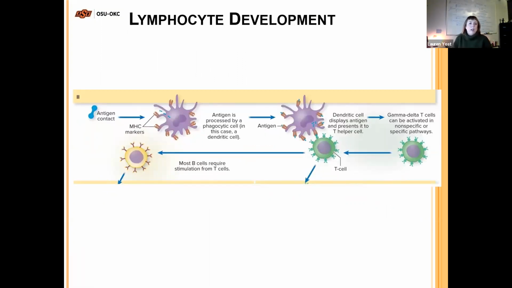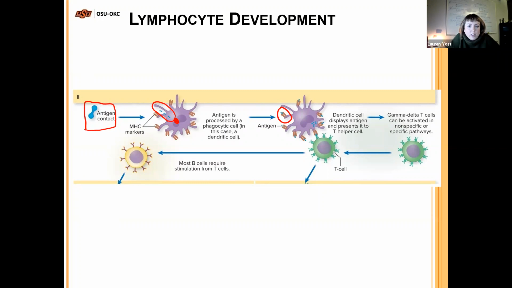So first we have contact with an antigen. That's what this blue guy is, the blue blob. Our cell recognizes that antigen. Essentially, it interacts with that receptor on the surface. They're called MHC markers.